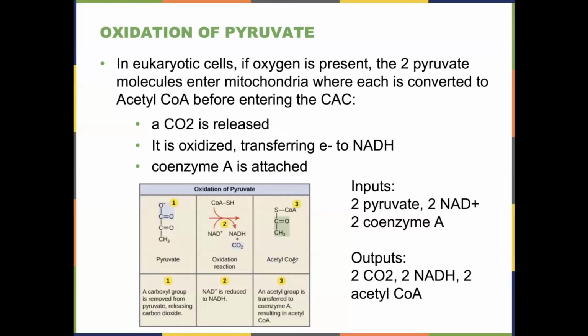Now, remember we said the other thing that we need to consider is what is happening to the energy. We don't make any ATP out of this step right here, but if you take a look at what's happening here, we do actually take some of our energy, fill up another NAD electron carrier molecule with high energy electrons. So some of our energy is being shuttled here.